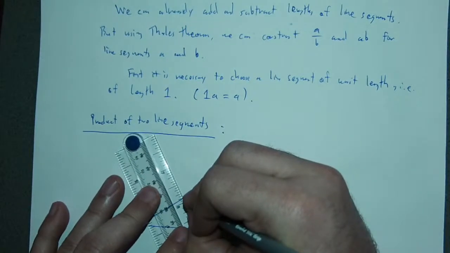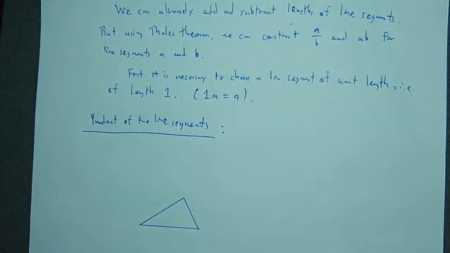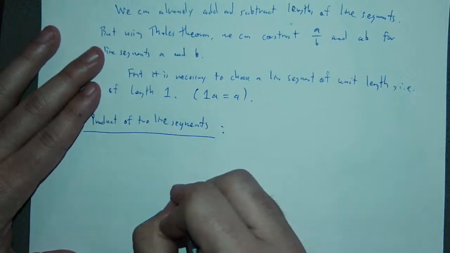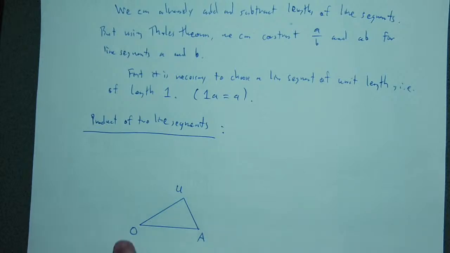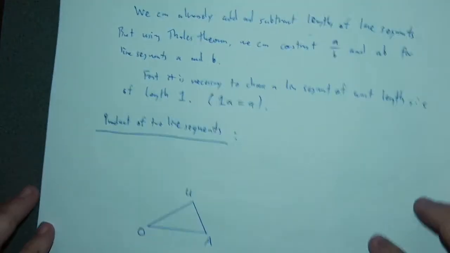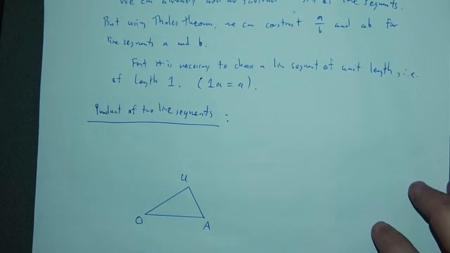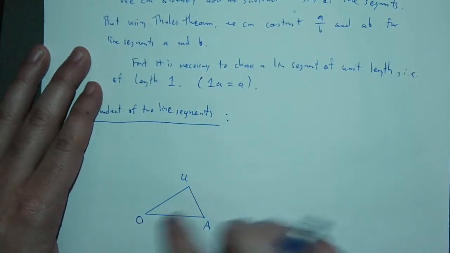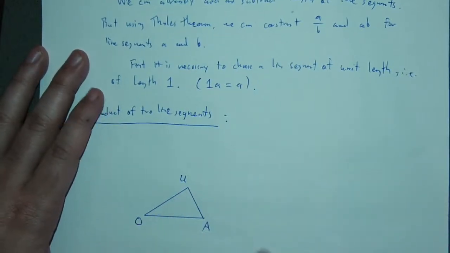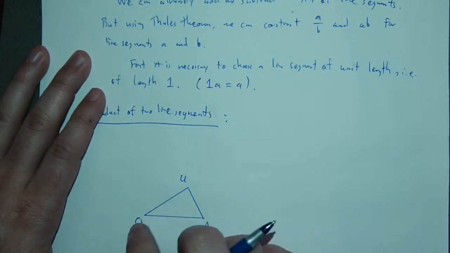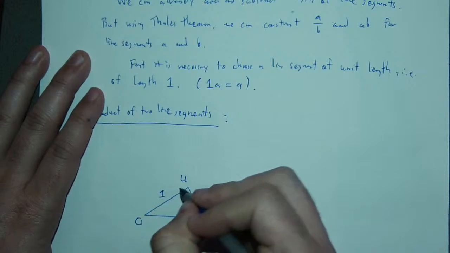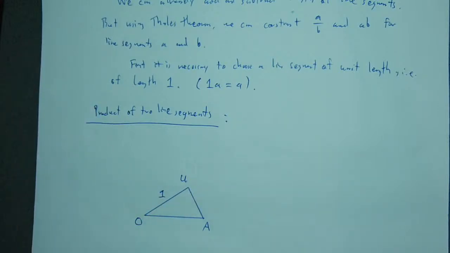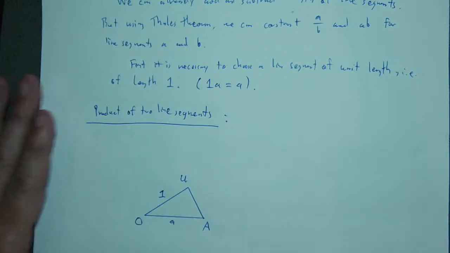I'll call this triangle UOA, U for unit, so O, if you like, you can think of as my origin. Okay, we don't have coordinates yet, of course, but UOA is the triangle I'm dealing with. The length of the segment OU, or UO, U being unit, this is my length 1 segment that I've specified. Okay, and the length of OA is A.